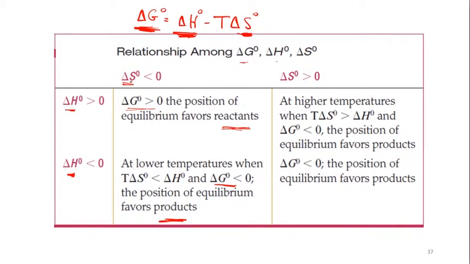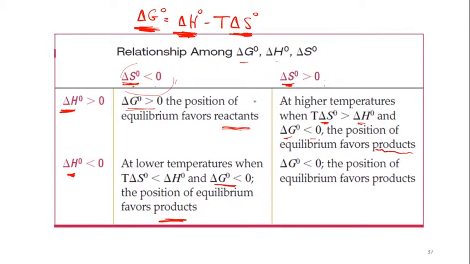The other case: first I assumed the delta entropy was less than 0. Now I will put my delta entropy larger than 0. If I have entropy larger than 0 and a large positive enthalpy, this means that at a higher temperature, when the temperature multiplied by entropy is larger than the enthalpy, my Gibbs free energy would be less than 0, and the product would be more favored.